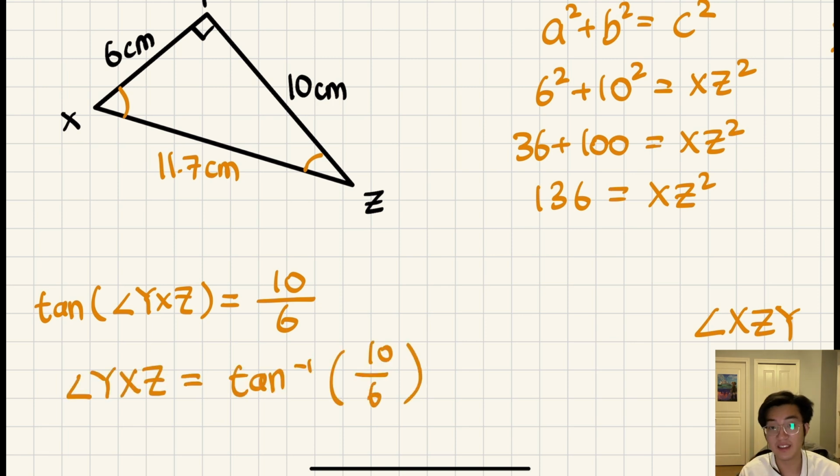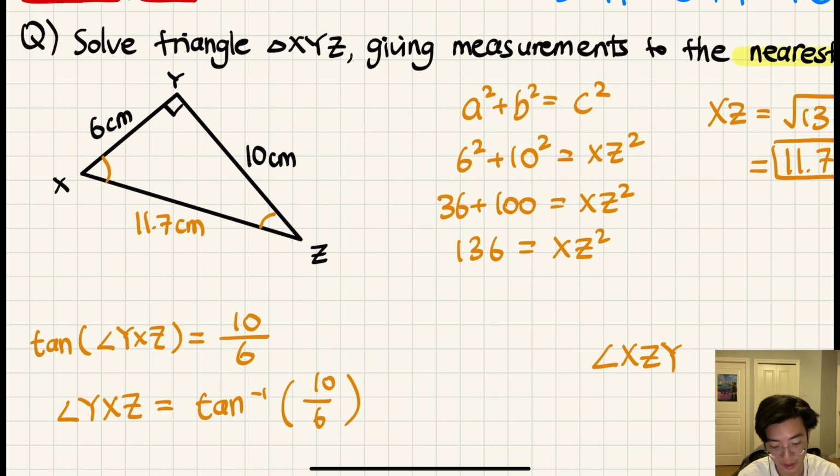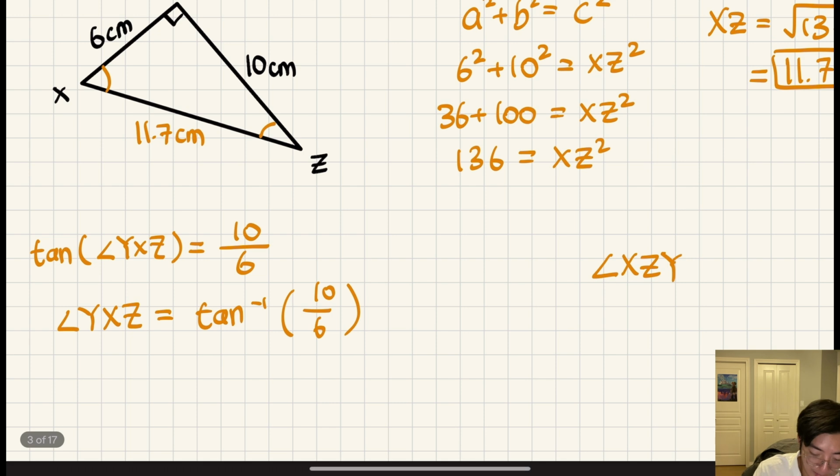On your calculator, you should press the second function, and most likely the inverse tangent will be above your tangent button. Another thing to keep in mind is that we are asking for degrees here, so make sure your calculator is in degrees mode. When you type in the inverse tangent of 10 over 6, we get 59.03 something, which rounded to the nearest tenth gives us 59 degrees.